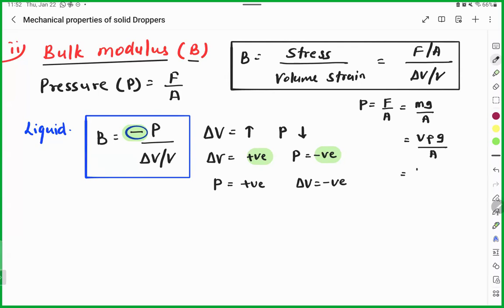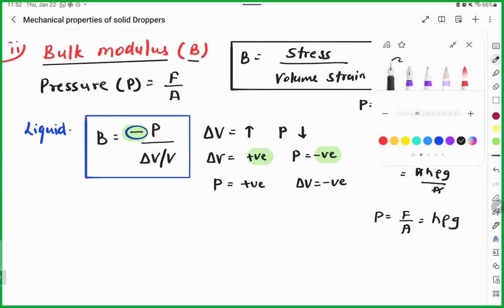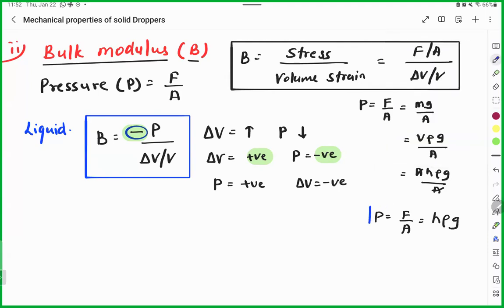Volume is equal to area into length or height upon area. Area cancels. Can you say pressure is equal to force upon area? And you already know this formula, h rho g, but I just proved it in the simplest way. Force is equal to mg, mass is density into volume, and you calculate. Any doubt, guys? Because in numericals, you sometimes need this as well.